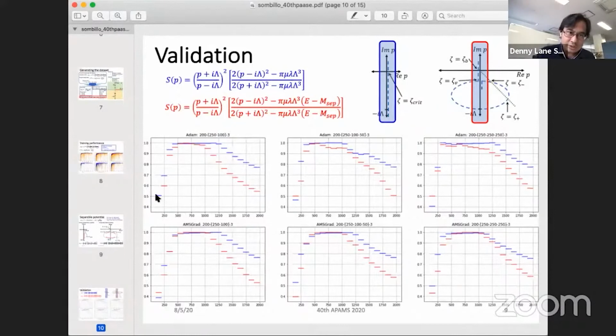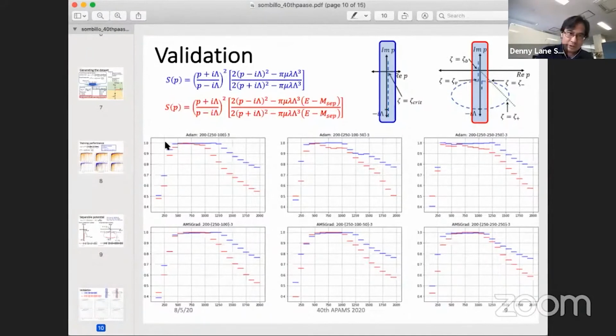Each horizontal line here corresponds to 100 data points, and the value on the horizontal axis corresponds to the cutoff parameter, the capital lambda, which is the parameter of the separable potential. What we see is that if lambda is very small, we have very poor accuracy for the prediction, and also poor accuracy if lambda is very large, generally for all the different models.